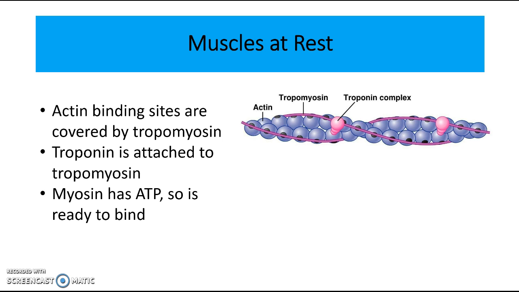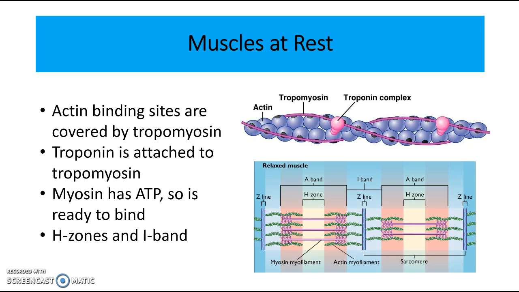Also, in the image you can see that tropomyosin is a thin, long strand of protein, whereas troponin is a more globular complex. So these two proteins are preventing actin from binding to a thick filament myosin, which is, so to speak, energized with ATP, or as it's properly called, adenosine triphosphate. So it's ready to bind to these active binding sites.